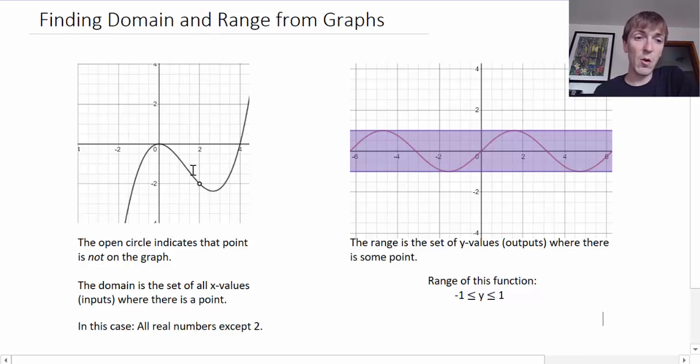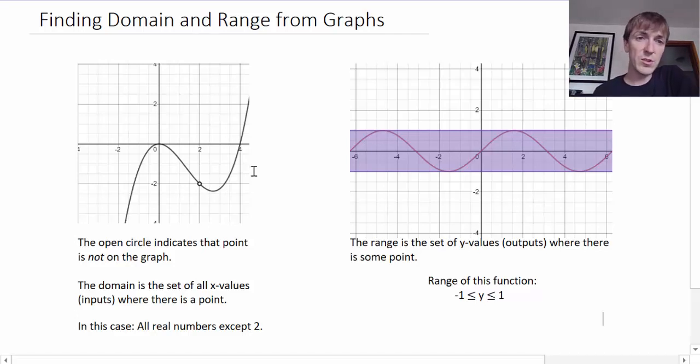That's what that little open circle is telling us. So what's the domain of this function represented by this graph? Well, it's all real numbers except 2. I'm assuming here, by the way, that the graph continues on past what we can see. One problem with graphs is that we can only see a small window of a graph at a time, so sometimes I have to make assumptions like that.